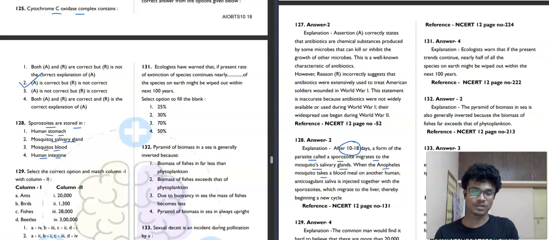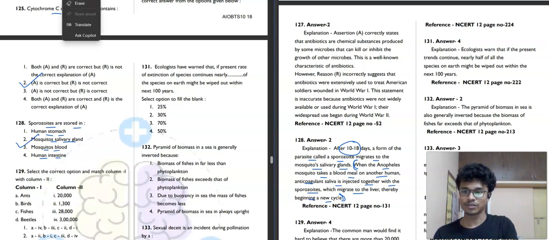When the Anopheles mosquito takes a blood meal on another human, anticoagulant saliva is injected together with the sporozoite, which migrates to the liver, thereby beginning a new cycle. So this sporozoite is the form of the parasite that migrates to the mosquito salivary gland. The sporozoites are stored in the mosquito salivary gland will be our correct answer.